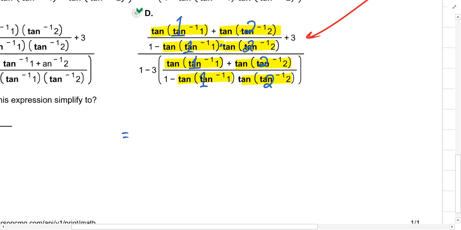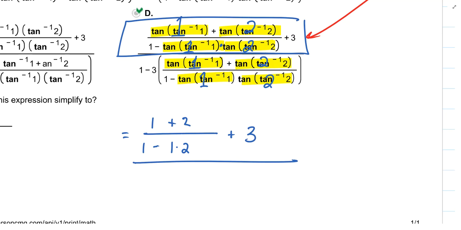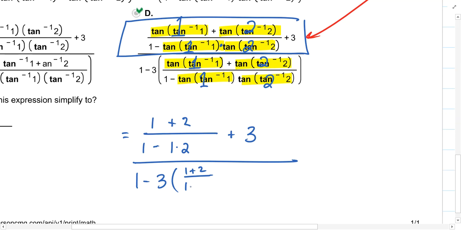And I would say, well, we've got 1 plus 2 over 1 minus 1 times 2, that fraction plus 3, and all of that is on top of the numerator of a larger fraction. And in the denominator, we have 1 minus 3 times the quantity, well, which is the same fraction as above, 1 plus 2 over 1 minus 1 times 2.